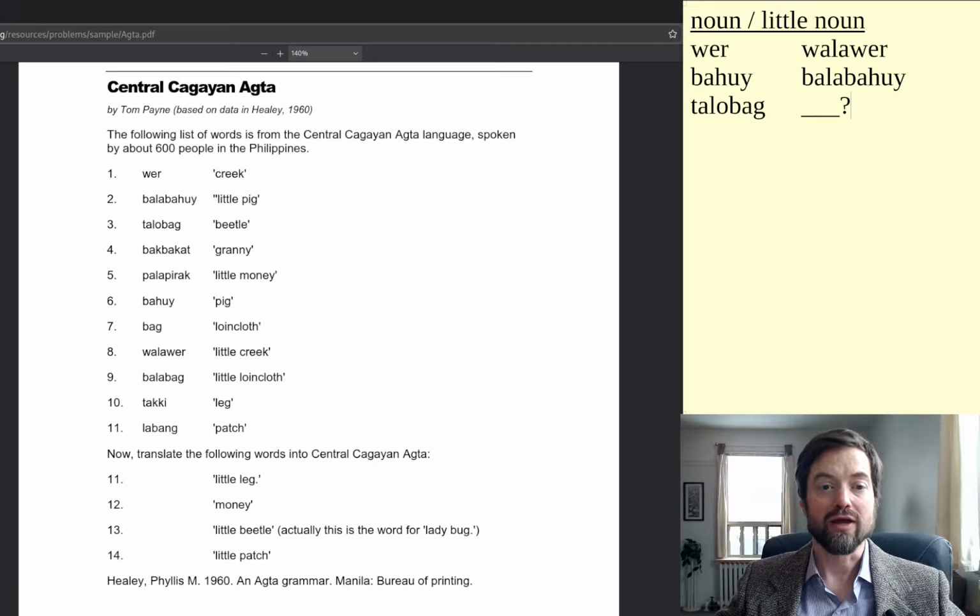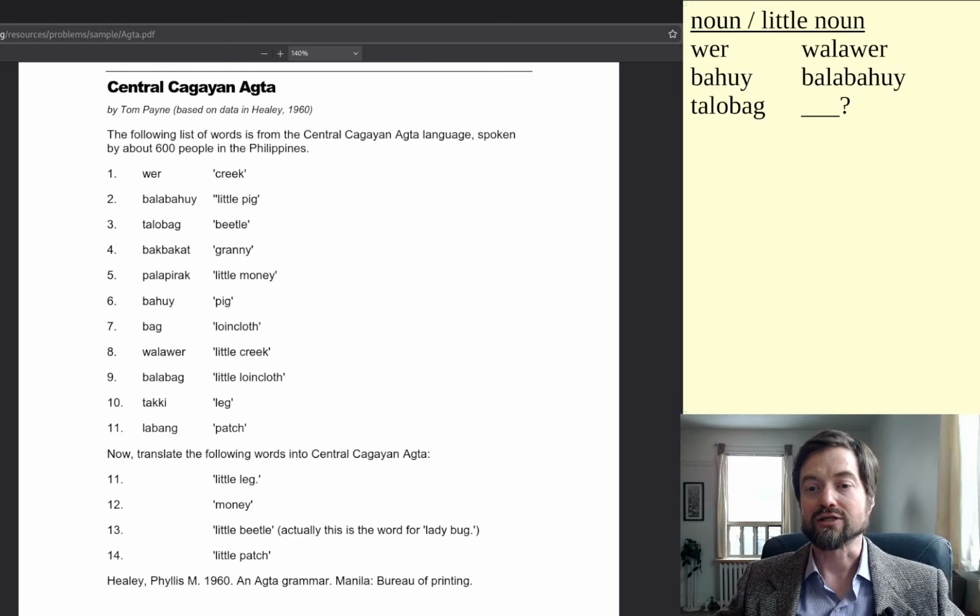Okay, next we have granny. Granny is bakbakad. Now, we don't see any little granny. So I don't see what to do with this. I don't see a matching one. There could be some clue maybe in the pattern of the way it sounds. When I hear bakbakad, it looks like there's a little bit of repeating going on there. Here we see where, and then we have Wallaware. But here it's bahui and it's balabahui. So this starts with W, it gets a W for little. This starts with B, it gets a B for little.